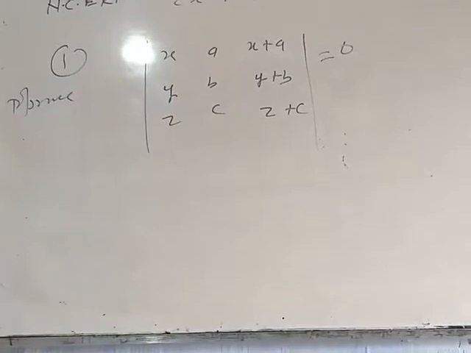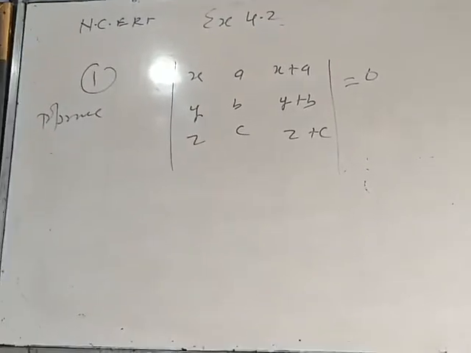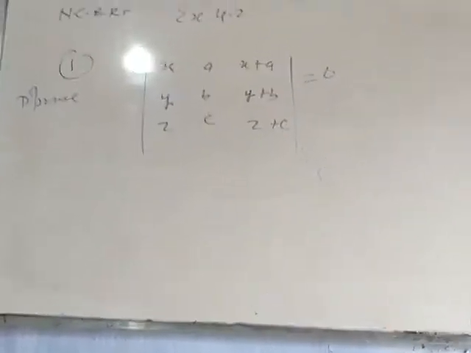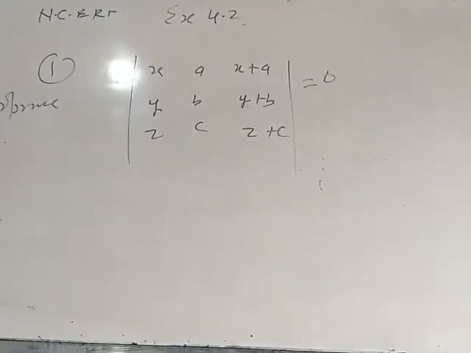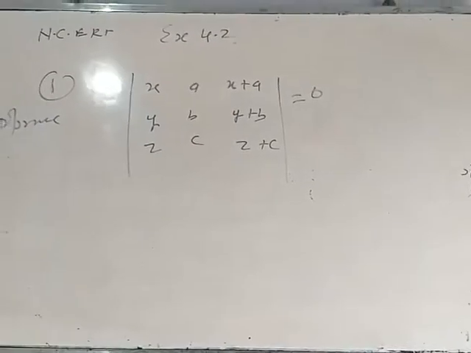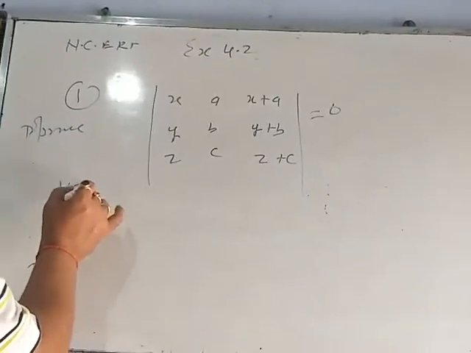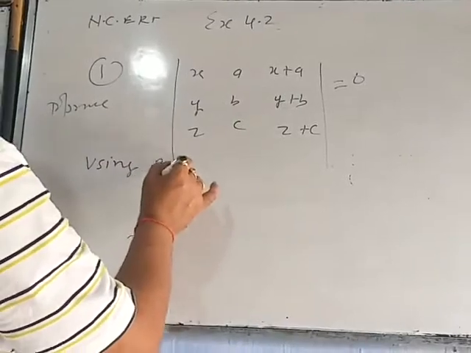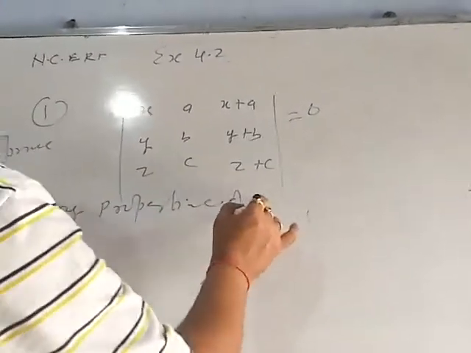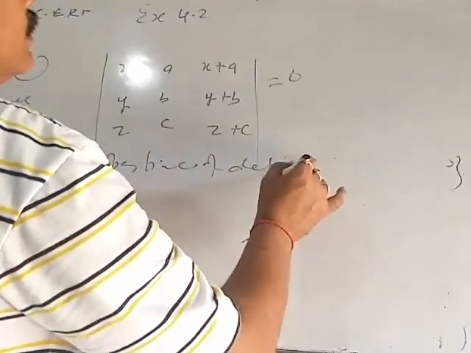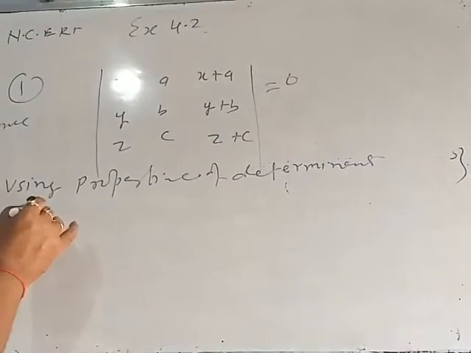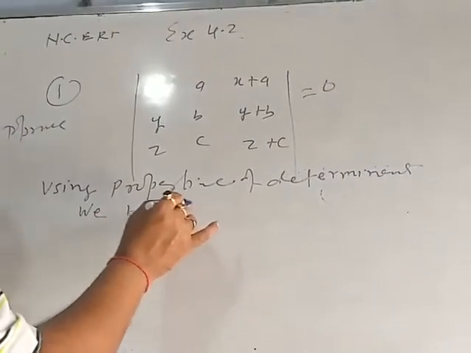To prove that LHS is equal to RHS using properties without expanding, as in exercise questions 1 to 5, we have to prove this using properties of determinants.